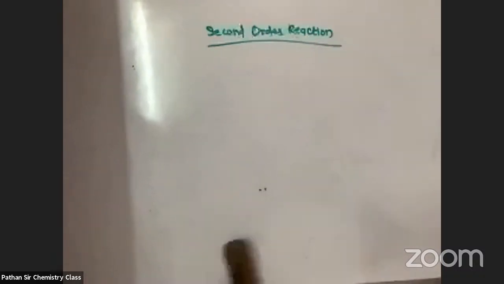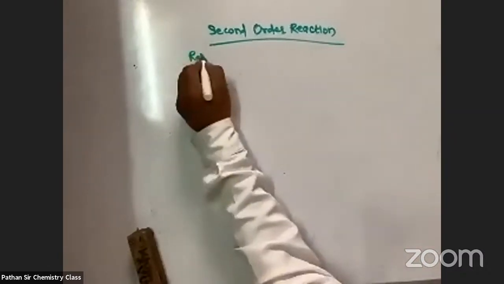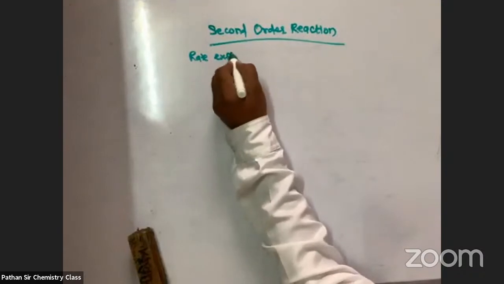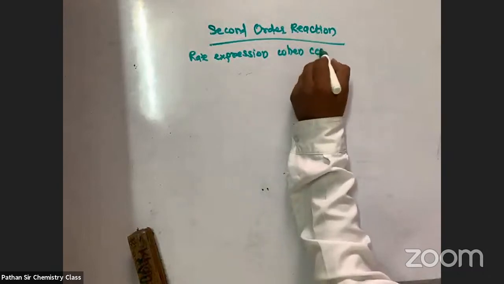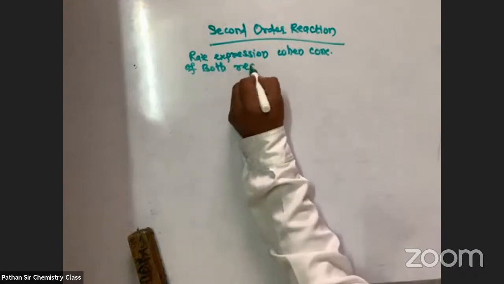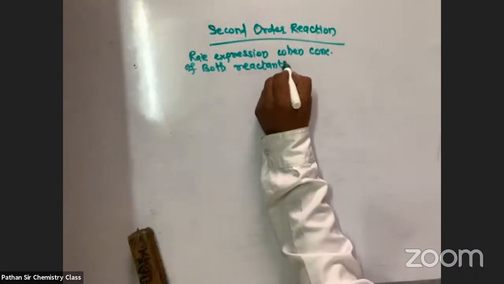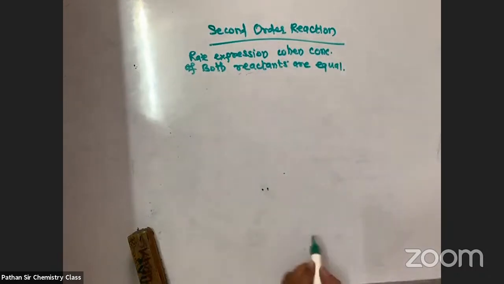Okay, so first rate expression when concentration of both reactants are equal. Okay, so rate expression when concentration of both reactants are same or equal. Okay, then second type will be rate expression when concentration of both reactants are different.